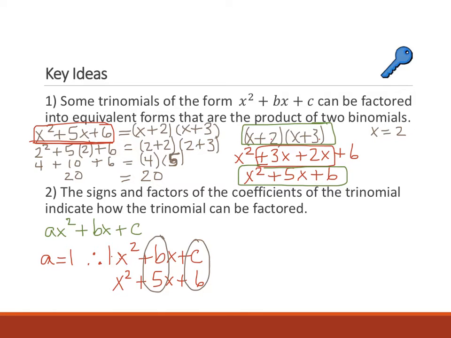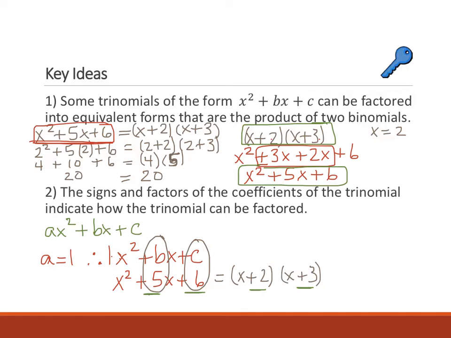When both of these values are positive and I factor, then the two binomials will be sums, like so. The signs of b and c indicate that the signs within the two binomials are both positive. That is, we have a binomial sum for both of these.